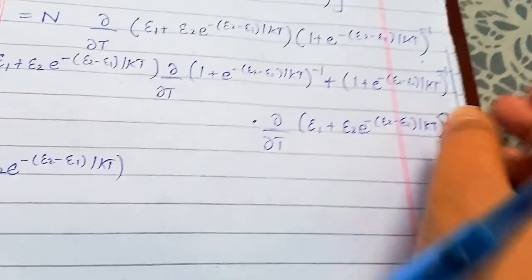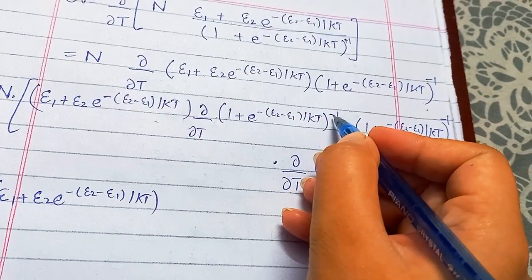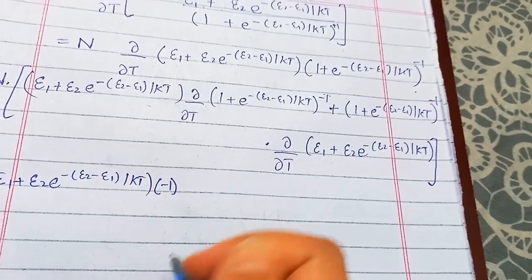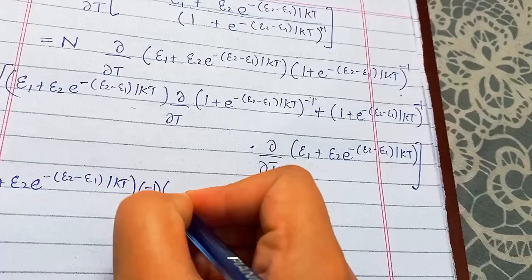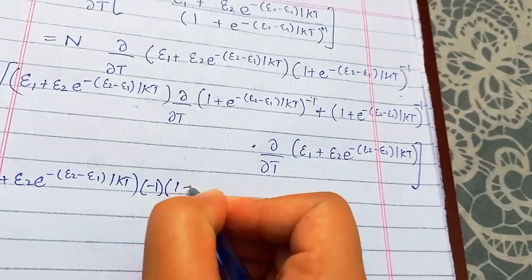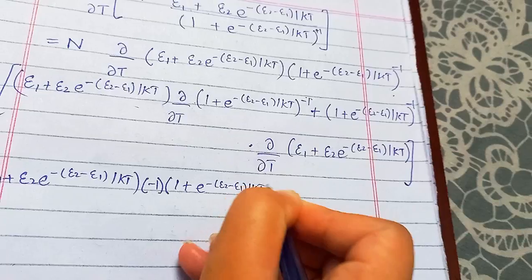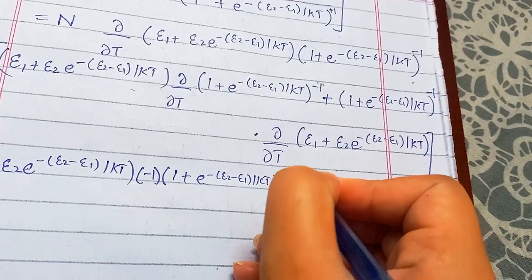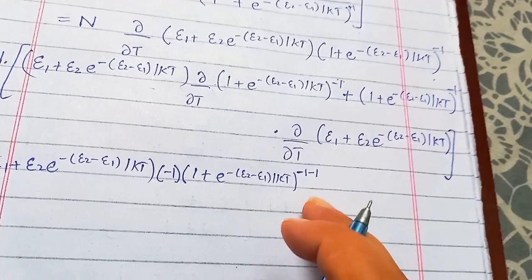We'll use the power rule on it, in which the power will come in the start. Whatever the power is, we'll write it here. Then the whole thing that we have here, and the power is subtracted by one. I hope you know the power rule of differentiation. It works like that.